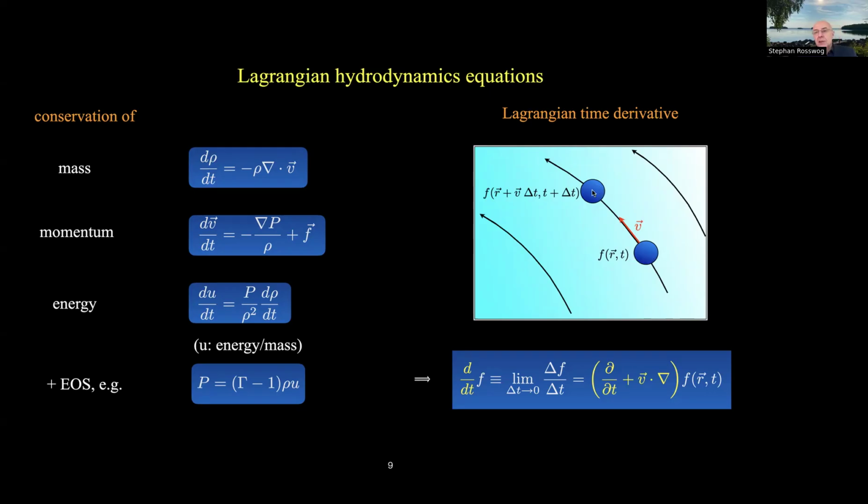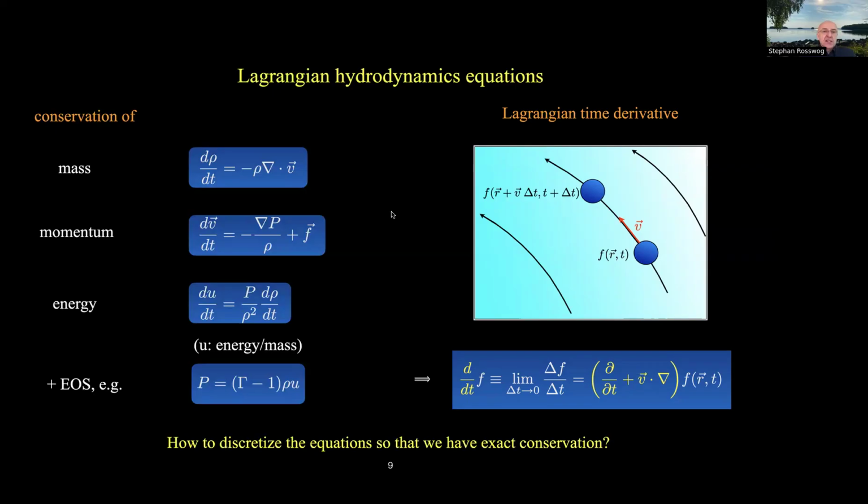And if you then compare the properties that it has here with here and take the limit of delta t going to 0, then you find that the Lagrangian time derivative is the Eulerian time derivative plus some advective term here, which is given by this v dot nabla operator. So this is always when I write these type of time derivatives, this is what I mean explicitly.